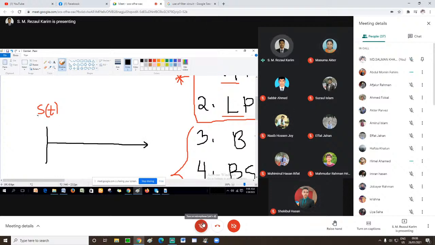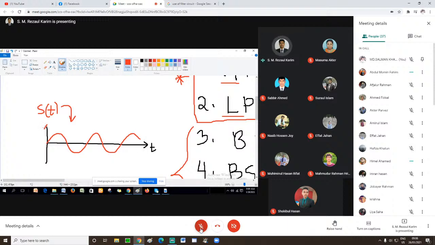Since it is s of t, s is a function of time. So here is the time axis, and on this time axis I am drawing a sine wave. This is the sine wave, and the signal is a sine wave.